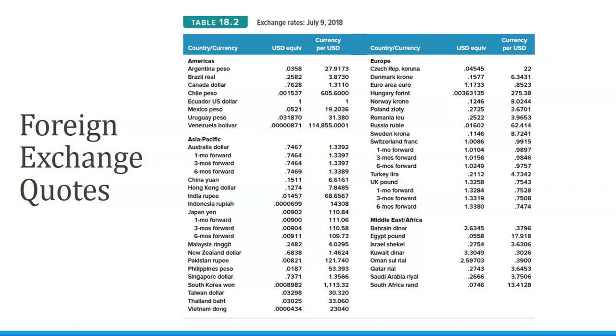You can see the US dollar equivalent and then the number of that foreign currency that would be required to translate to a US dollar. And then there's a list of different countries and different amounts. We're going to get to this forward quotation, so the 1 month forward, 3 month forward, and 6 month forward. We're going to talk about those in a couple of slides.